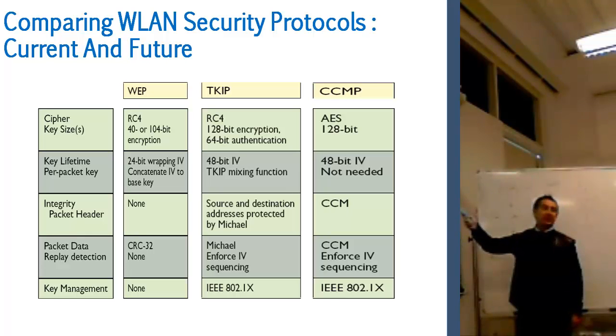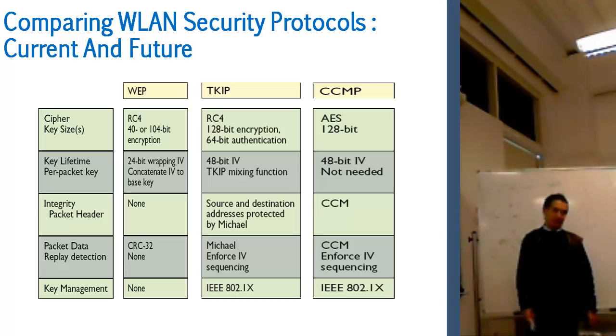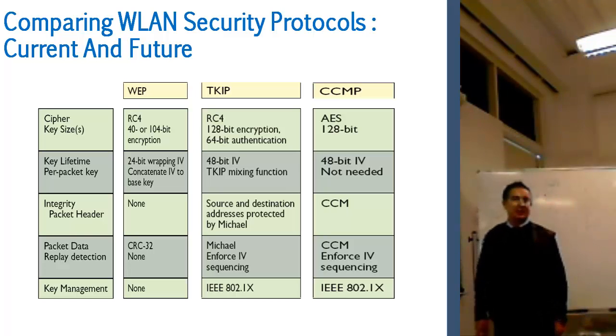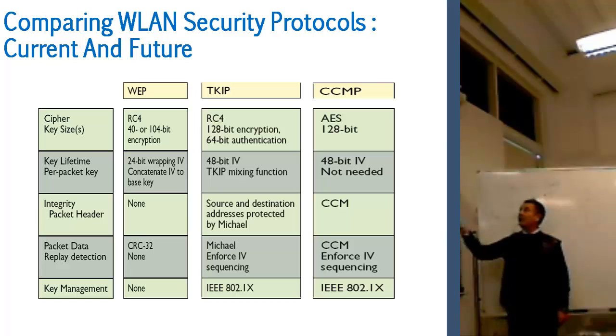This part, the TKIP and CCMP part, is called the IEEE 802.11i protocol. With the i, they came up with the TKIP and CCMP solution. Are we clear?